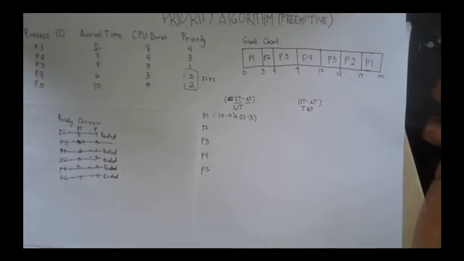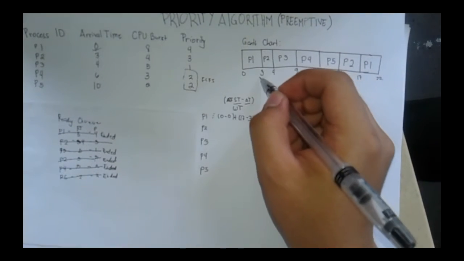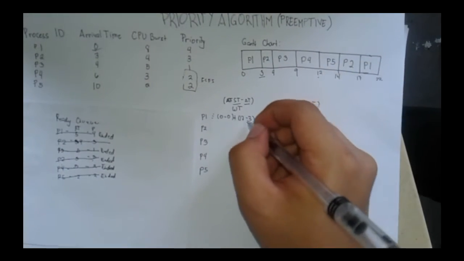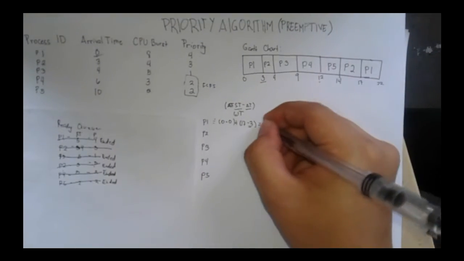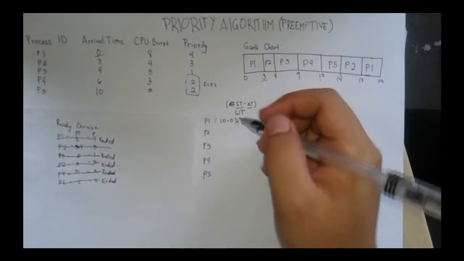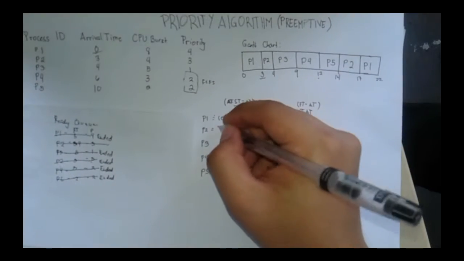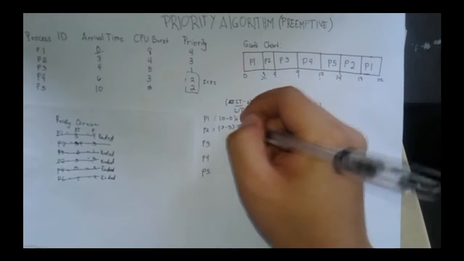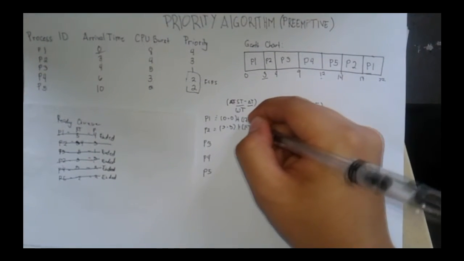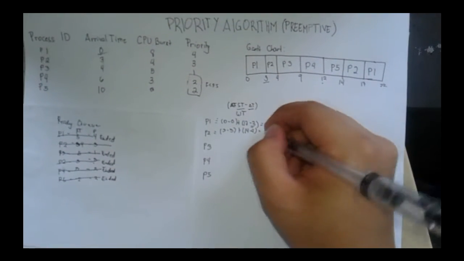Then because the other P1 ended at time 3, it will be equal to 14. Then P2, same process, so 3 minus 3 plus 14 minus 4 is equal to 10.